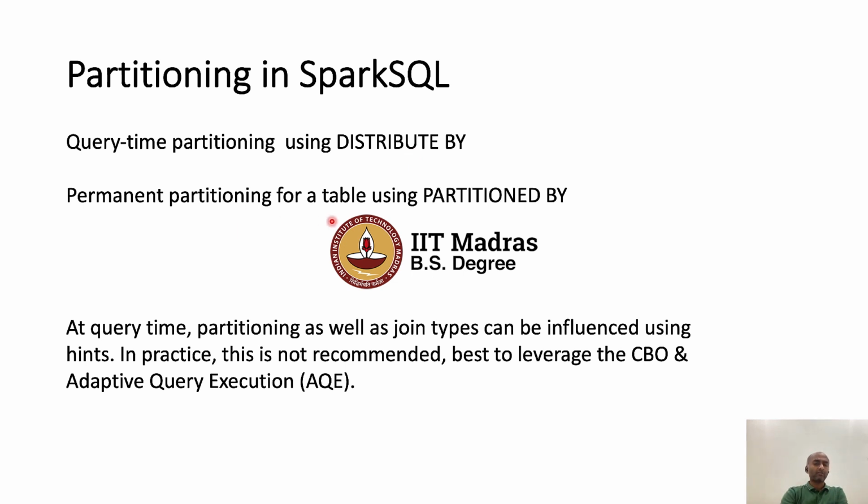The permanent partitioning for a table, you could create at the point of creation of a table. You could create it using the PARTITION BY syntax even before the table gets populated. Like for instance, you could say CREATE TABLE table1 PARTITION BY key, semicolon, right? And that way the table gets created as a partitioned table.